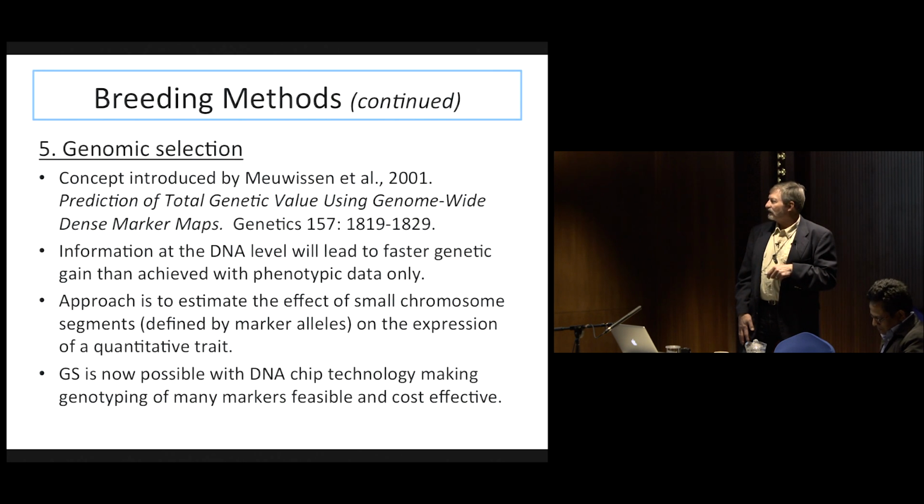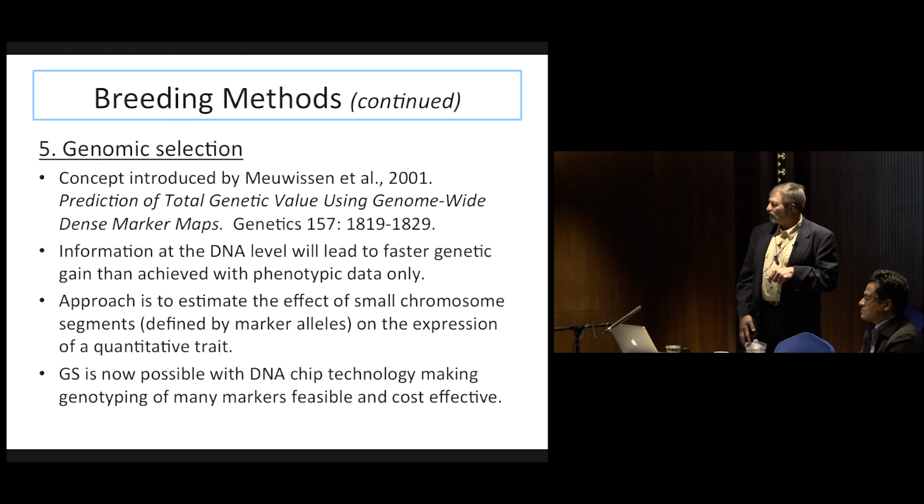There's information at the DNA level that will lead to faster genetic gain than achieved with phenotypic data only. The approach is to estimate the effect of small chromosome segments defined by marker alleles on the expression of a quantitative trait. And so the selection is based on a small chromosome segment.